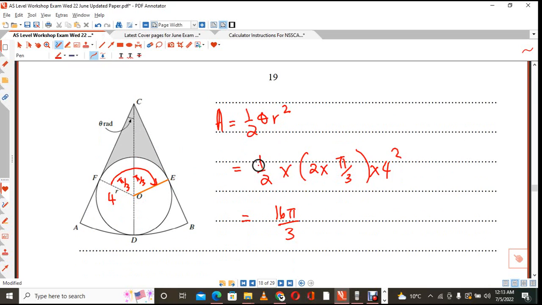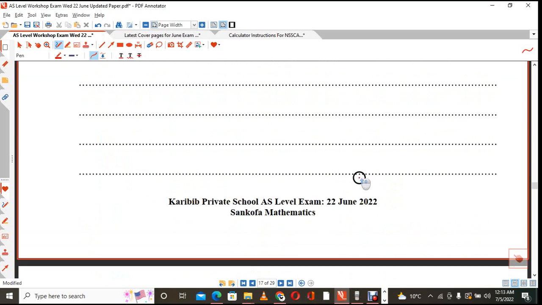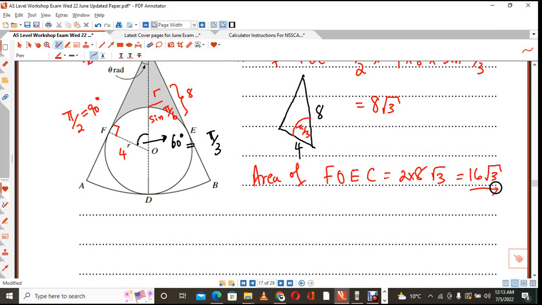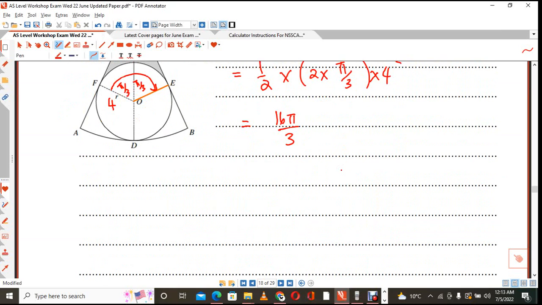So in order for me to find the shaded part, I will be subtracting. So the shaded region will therefore be that answer that I have previously, the 16 root 3 minus. So area of shaded part or shaded area is going to be 16 root 3 minus 16 pi over 3.